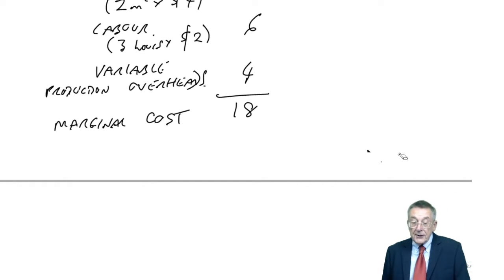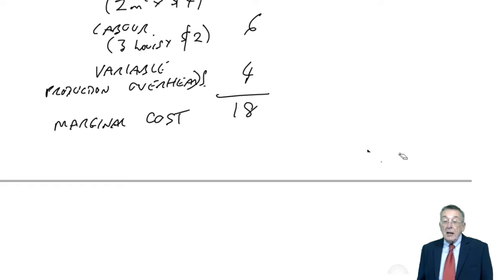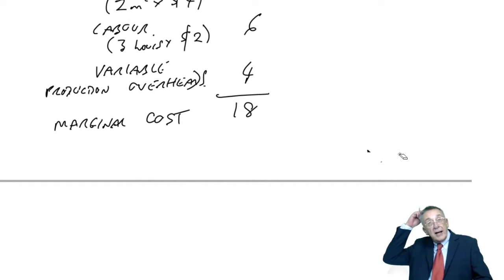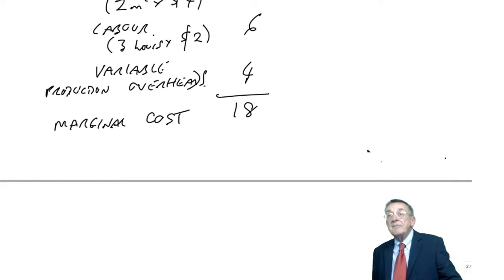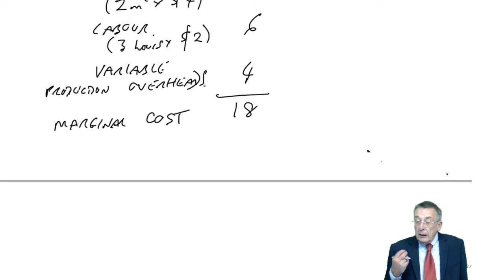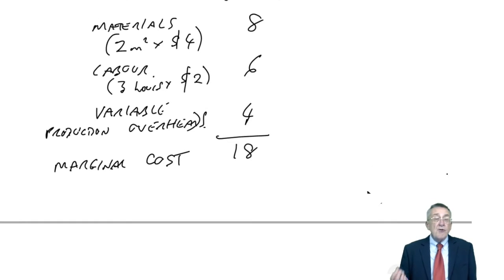However, there will be other costs involved with manufacturing. There'll be fixed overheads. I said variable overheads are things like electricity for the machines, but we'll also have other costs of production, such as rent of the factory.